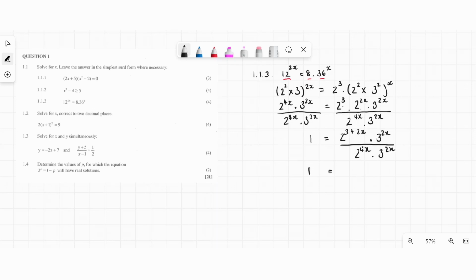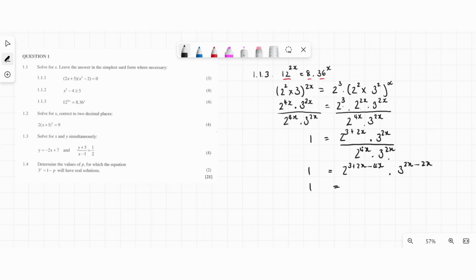So 1 this side, then we're going to just use the division rule. So it's going to be 2 to the power 3 plus 2x. Then we're going to take the 4 to the other side, so it's going to be minus 4. So I took it on top. Then here it's going to be 3 to the power 2x. Then it's going to be minus 2x from here in the denominator.